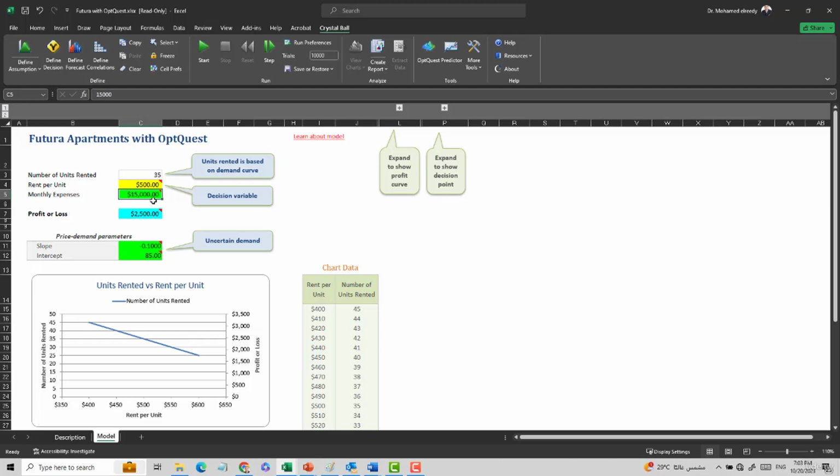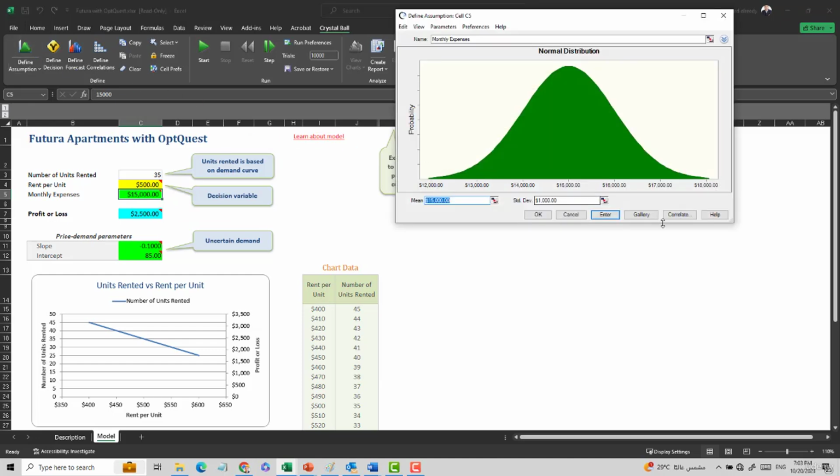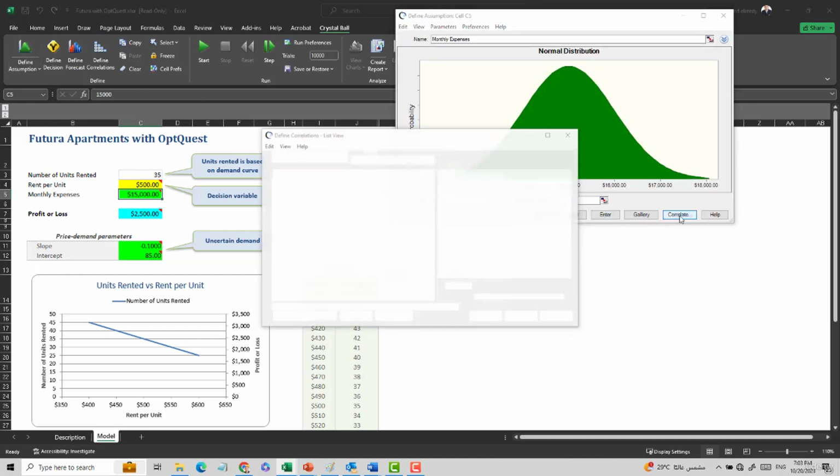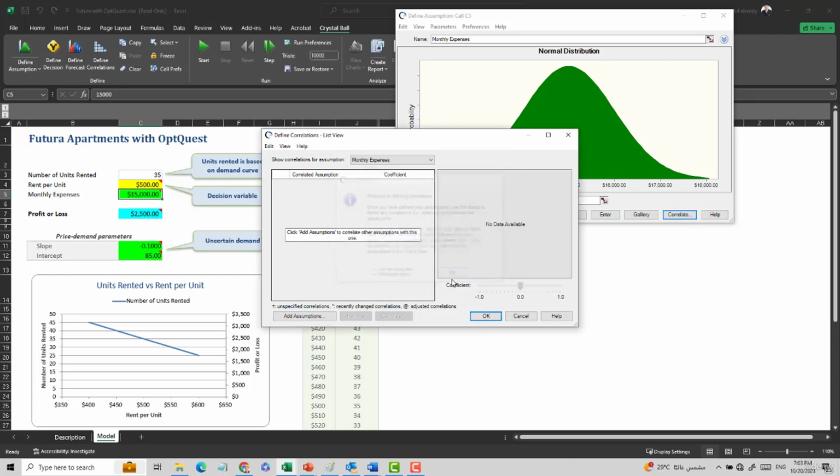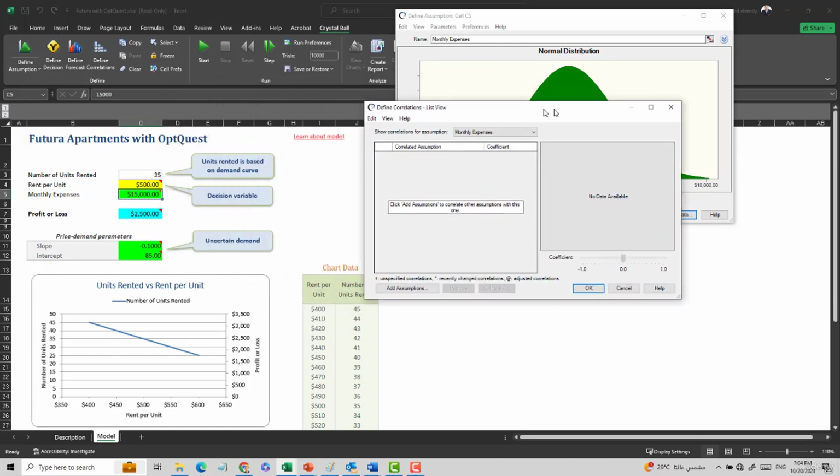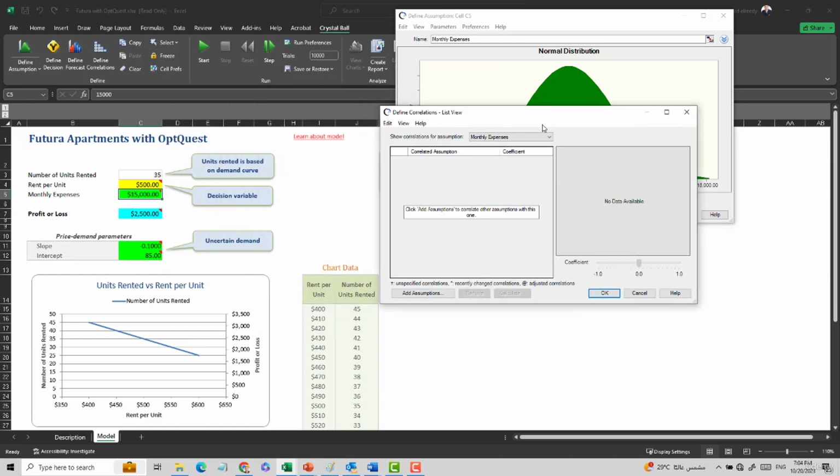So I have this raw data. I go here, define, correlate. It will be the same, they make the assumption, and with the data or regression analysis, you then define according to it the best distribution. We will discuss it in detail later, as we mentioned before.